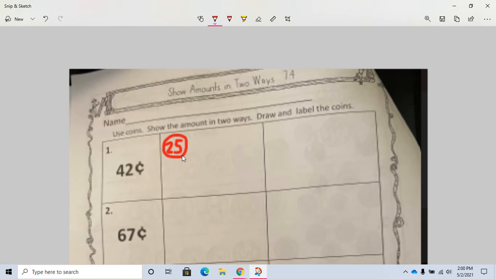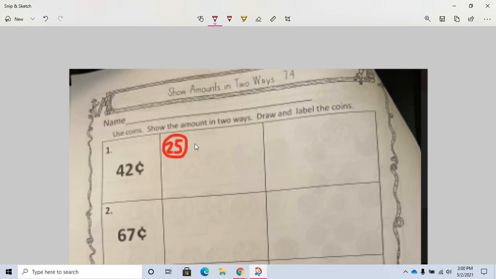Now the question is, can I add another quarter on? Well, let's think about our song. 25, 50, 75, 100. So our first two were 25, 50. Well, I know that 50 is greater than 42, so I cannot put another quarter there. So what's the next largest coin?